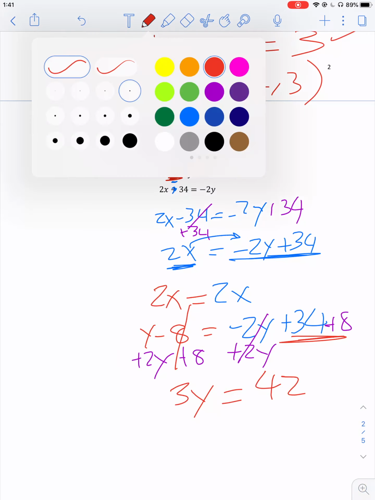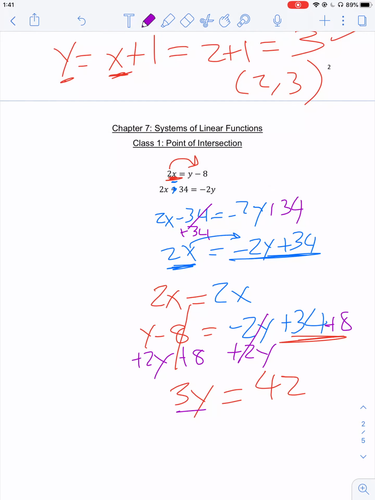Then, again, simple algebra: divide by 3 on both sides. Is it 14? 10 3s is 30, yes, 14 times 3 is 42. So y is equal to 14.